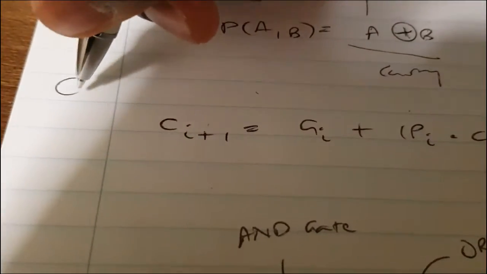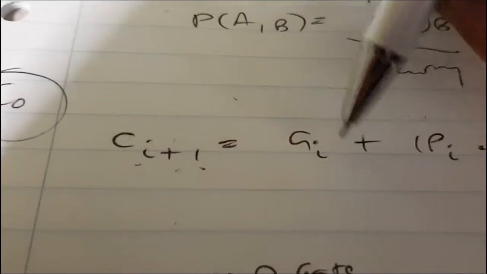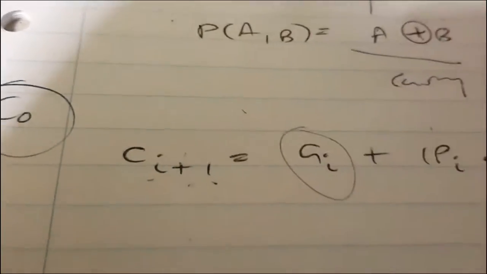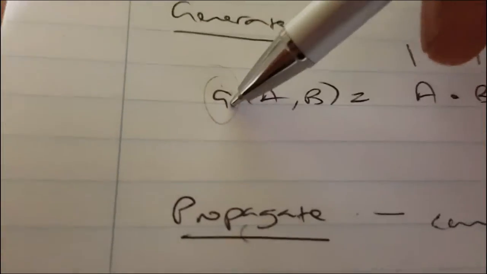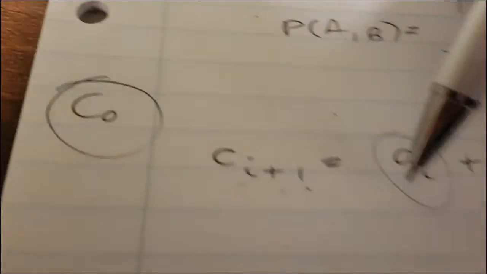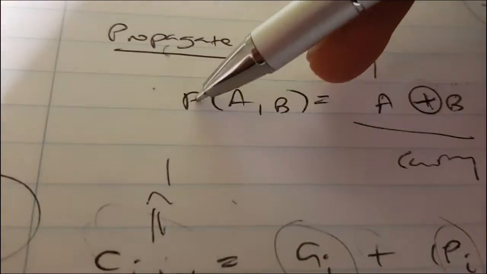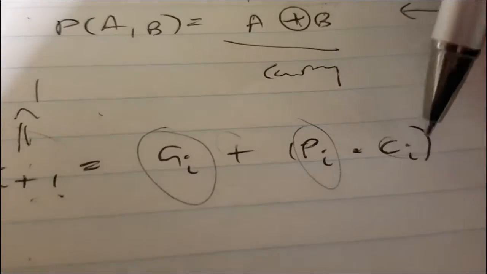Essentially, assuming we have an initial carry of C0, we can define the next carry C(i+1) to be either a carry generate, where G is the predicate A and B, so if A and B are both 1 then this carry will be 1, or if a carry is propagated, if the predicate P, propagate, is true and Ci is true as well.